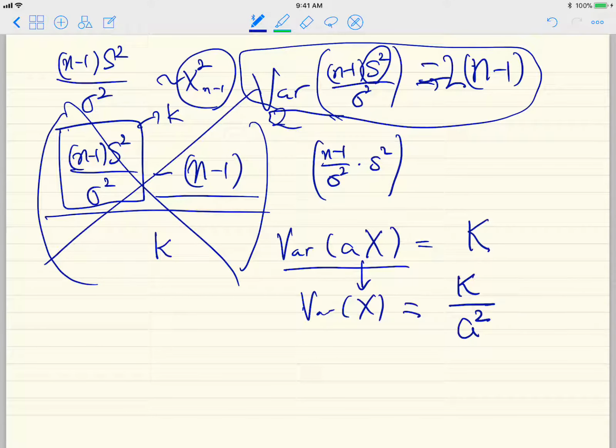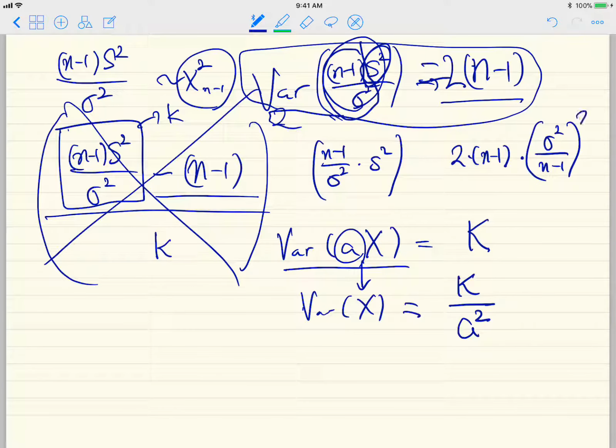It's quite easy. And then we are interested in the variance of s squared. What is this a in this case? A will be this guy, and thus 2 times n minus 1 times sigma squared squared over n minus 1 squared, right? So that is the variance of this s squared.